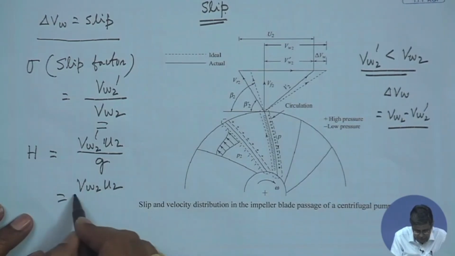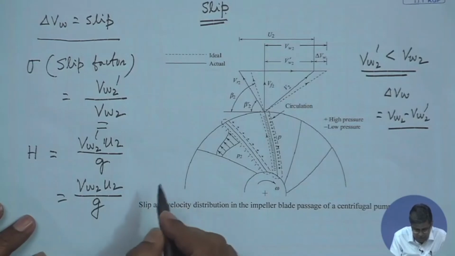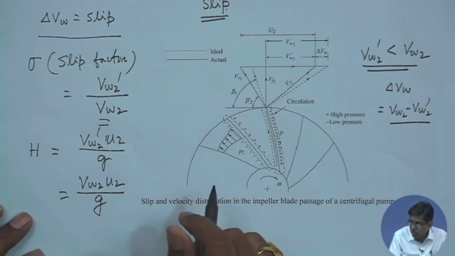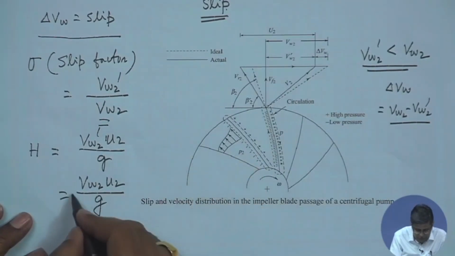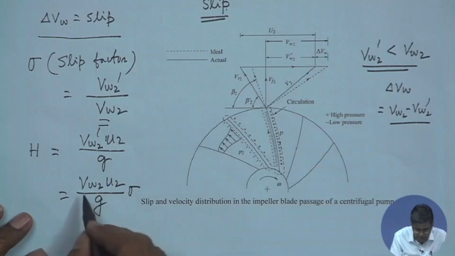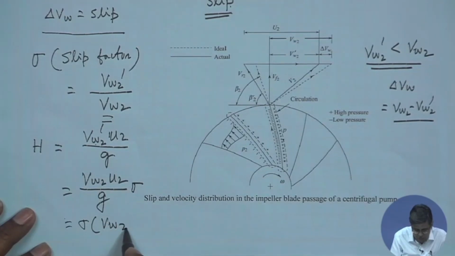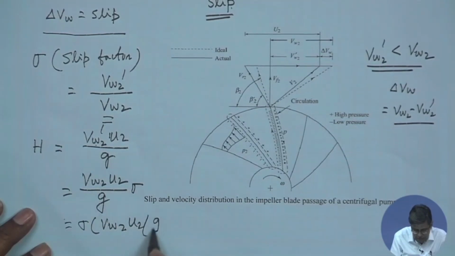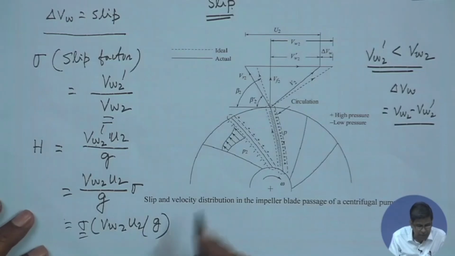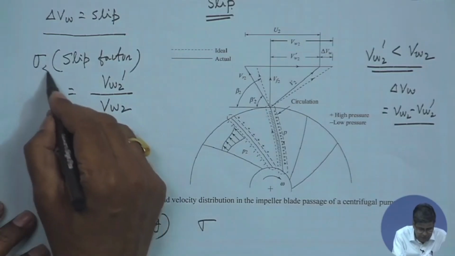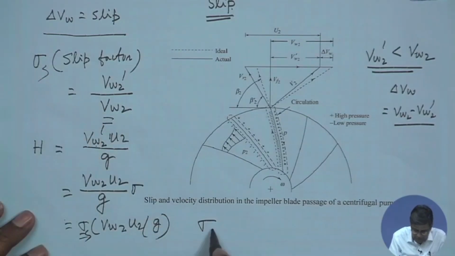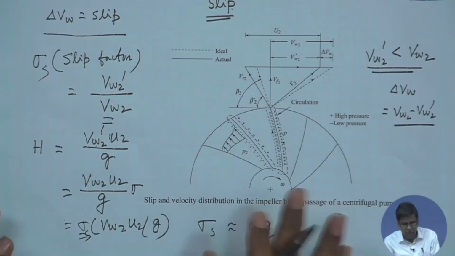That means, if we calculate using the ideal velocity triangle in our problems, we simply multiply with sigma, because VW2 dash is sigma into VW2, so the head is sigma into VW2 U2 by G. It is reduced by this factor. Usually the value of sigma, used with the suffix s, sigma s, is around 0.9.